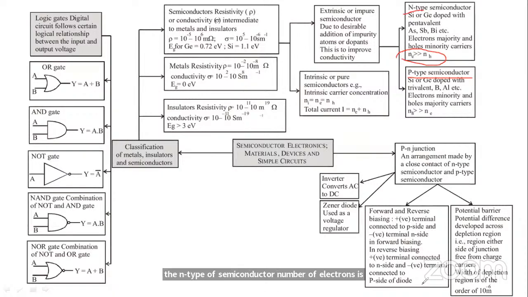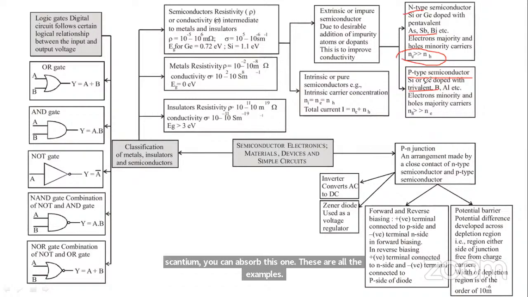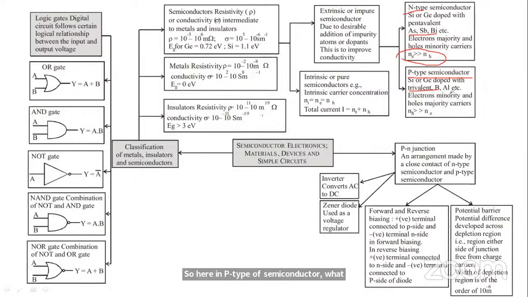Similarly, in a P type semiconductor, we add trivalent impurities like boron and aluminium, whereas the pentavalent impurities are arsenic, bismuth, and antimony. These are all examples. In a P type semiconductor there are three valence electrons and 1 valence electron is missing.